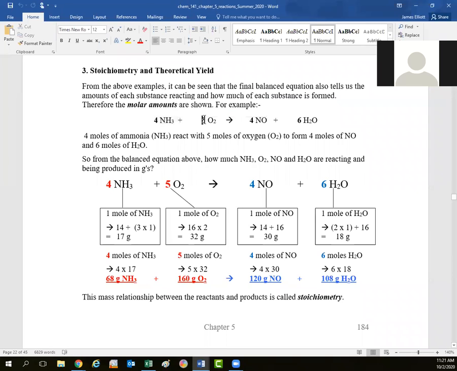That's reacting with 5 moles of oxygen gas normally, producing 4 moles of nitric oxide and 6 moles of water. Again, these proportions are just the lowest whole number proportions we can get. So if someone else is trying the same reaction, they come to the same proportions, the same balanced equation that we do. And so everybody's working on the same page.